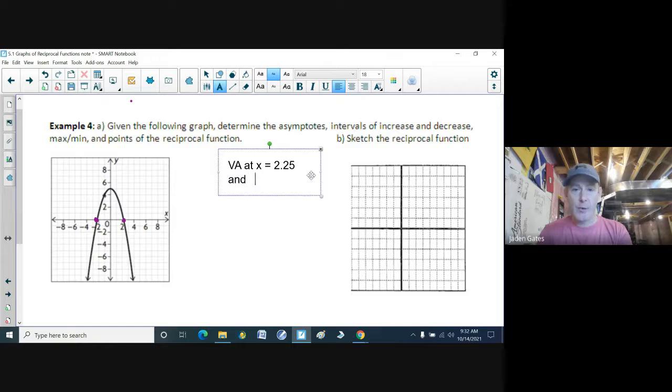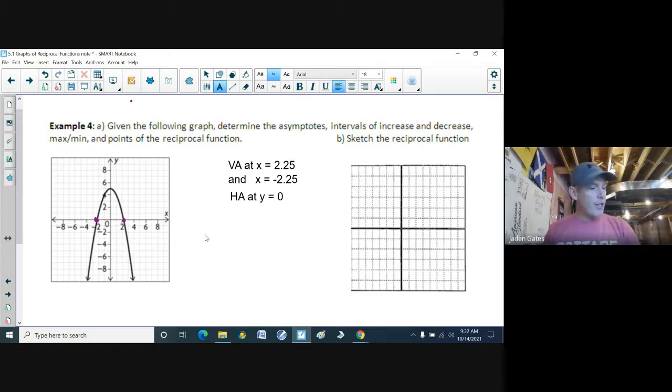And I've got another one at x equals negative 2.25. So we've got 2 vertical asymptotes. Now, second point: this is definitely a quadratic function, so that means I've got a horizontal asymptote at y equals 0 again. Pretty standard. Okay, now, next up.